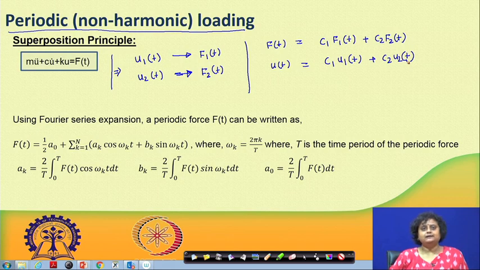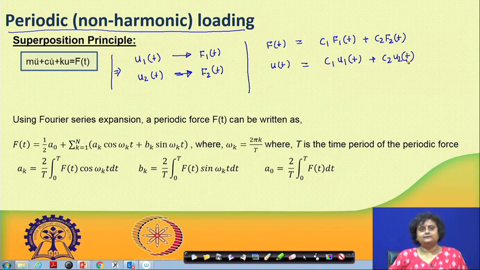Any linear system follows the principle of superposition, but you have to keep in mind that if you are solving a nonlinear system, which we are not going to deal with in this course, this superposition principle does not hold and we cannot apply it.